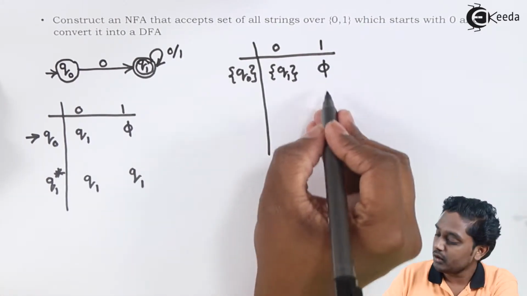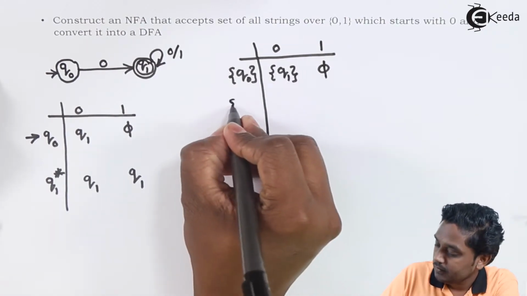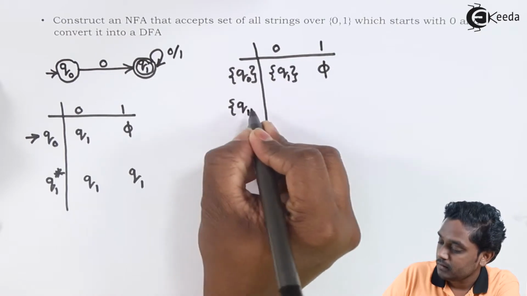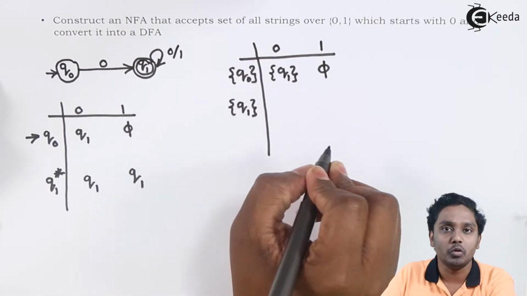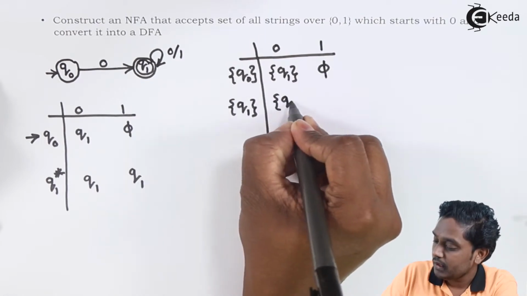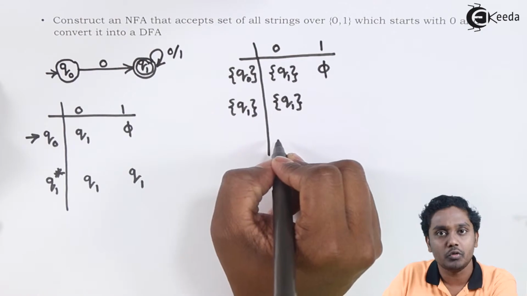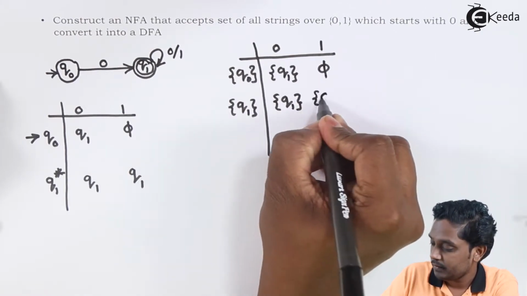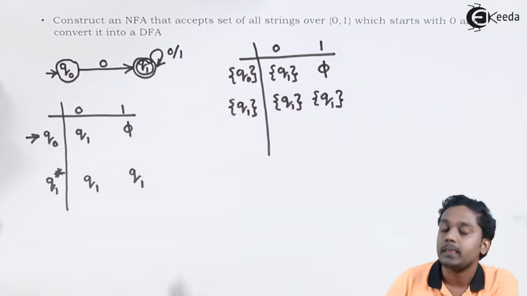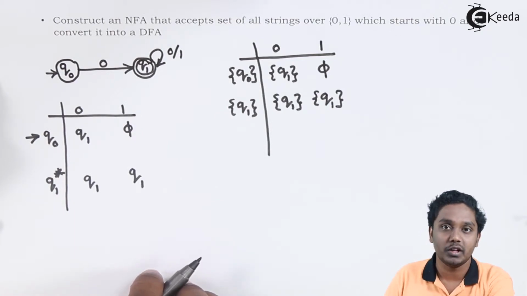Similarly, now we got a new state Q1, we will write the transitions of Q1. From Q1 on 0, we have a transition to Q1, and on 1 also we have a transition to Q1. Using this transition table, now we can draw the DFA for the given NFA.